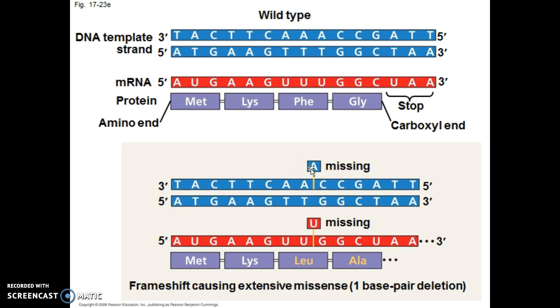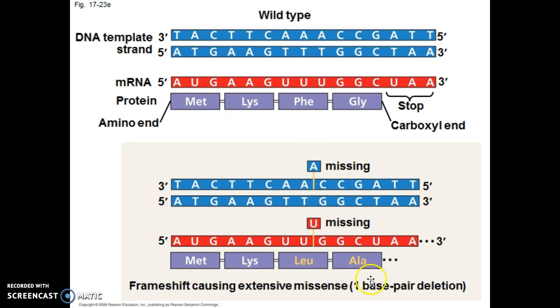What this would translate to would be a different codon. So we can see in the amino acids down here as a result of this deletion, we have some missense going on. This is leucine, and it should be phenylalanine.